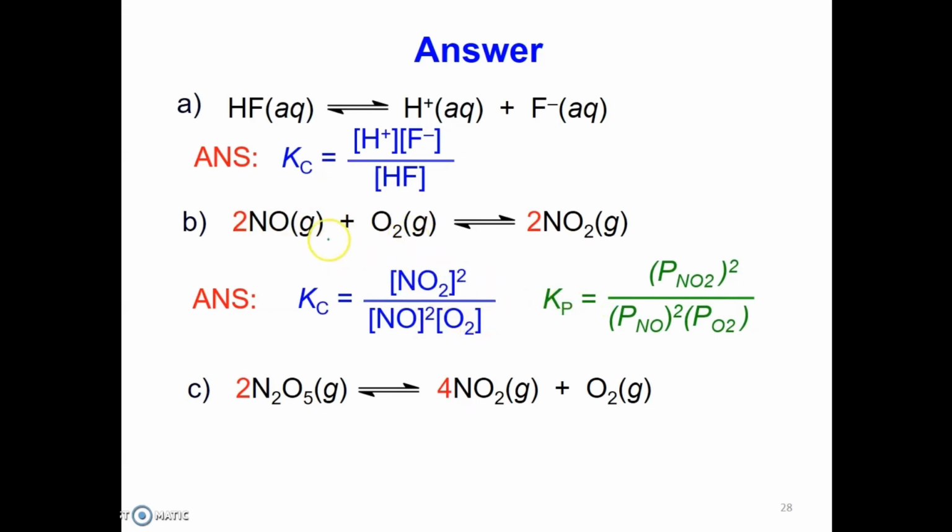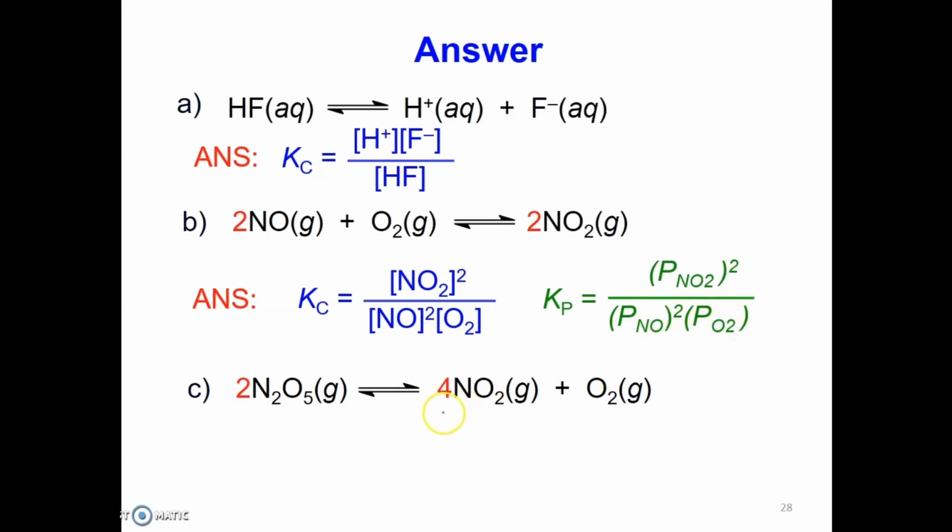And since the reactant and product species are also in the gas phase, this reaction also has a Kp expression. So the Kp expression is the partial pressure of NO2 gas to the power of 2 over the partial pressure of NO gas to the power of 2 times the partial pressure of oxygen gas.